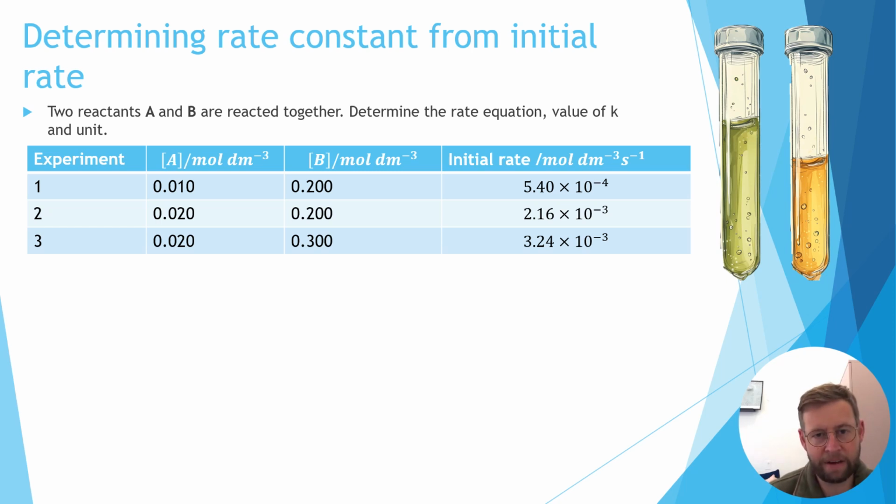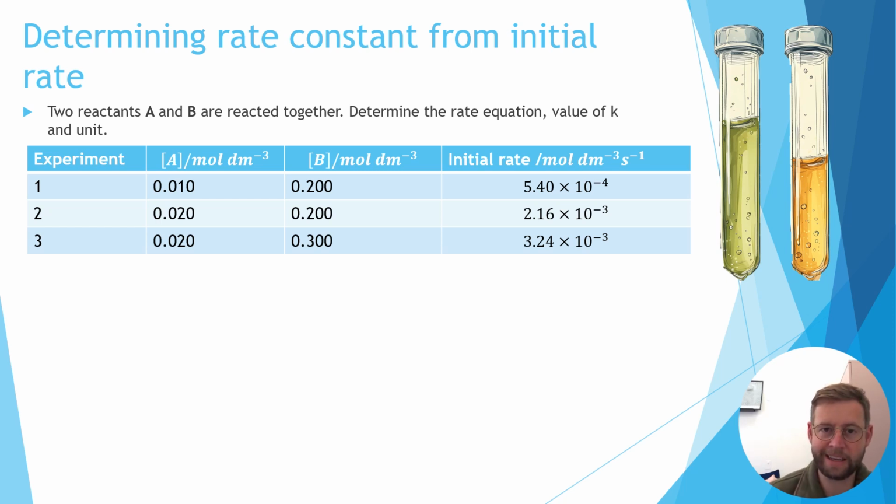If we have a look at the difference between experiment 2 and 3, you can see that the concentration of B has gone up by 1.5 times, while A has stayed constant. And 3.24 times 10 to the minus 3 is 1.5 times 2.16 times 10 to the minus 3.